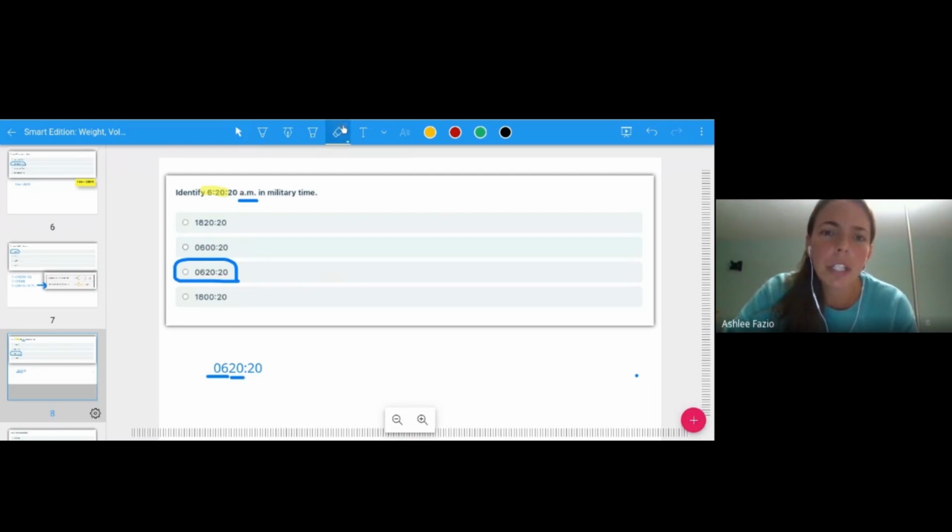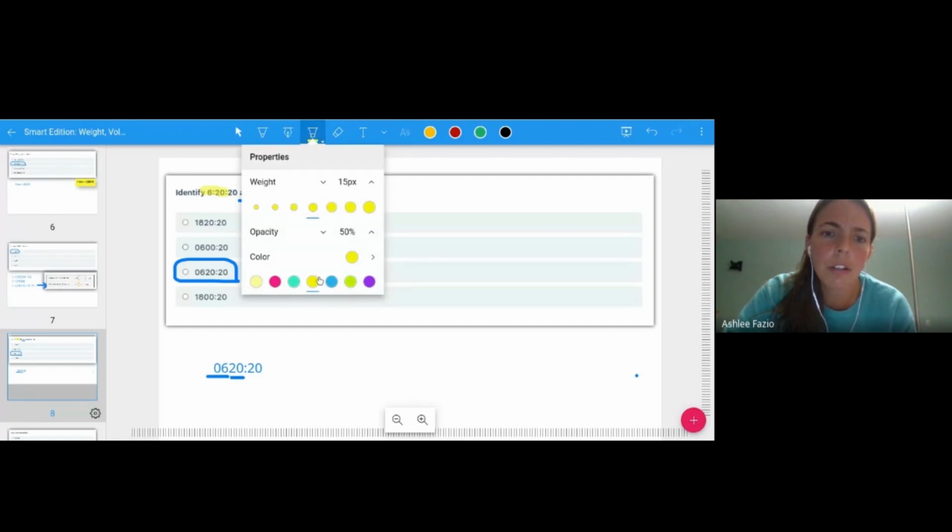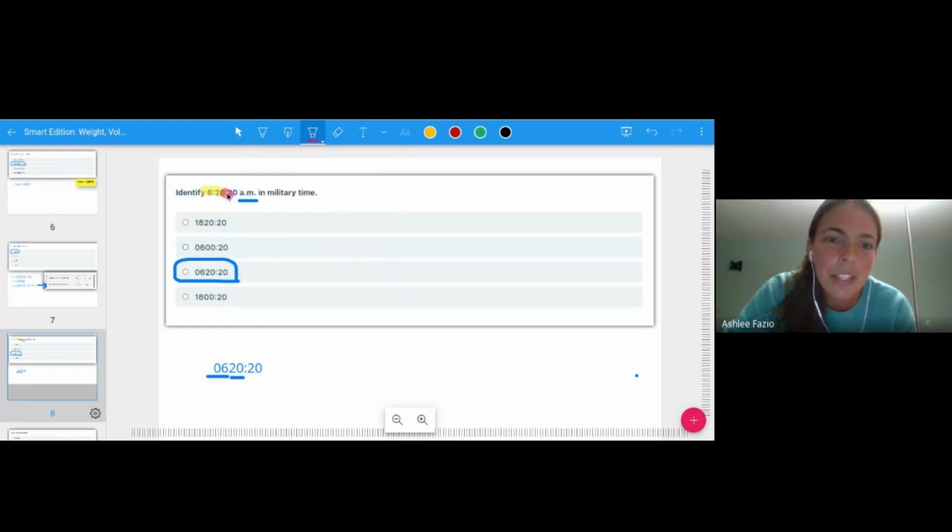The second part, after I change the color, is the seconds. This is basically hours, minutes, and then seconds. The seconds are going to go here after the colon. The numbers don't look much different because it's AM, so it's a little easier to pull from the original question.